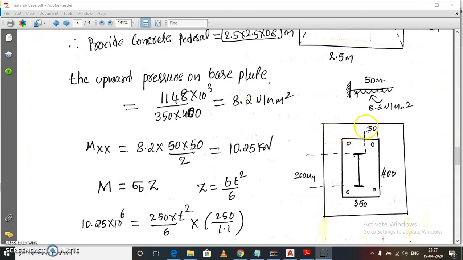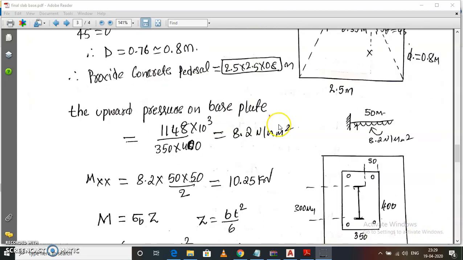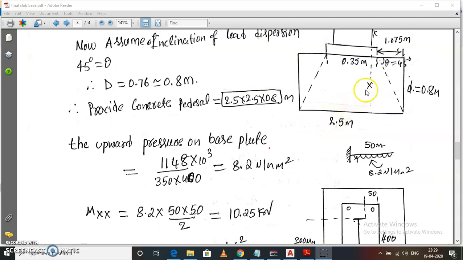Now the upward pressure on the base plate is given by 1148 into 10 power 3 divided by 350 by 400. That is equal to 8.2 Newton per mm square. Using this upward pressure, let us calculate the maximum bending moment at the column face.